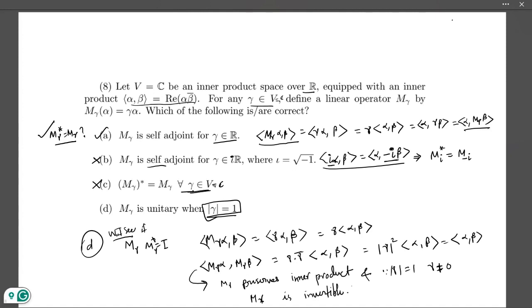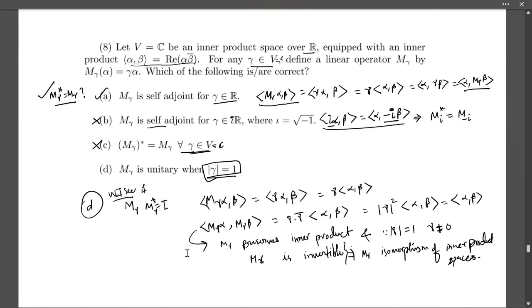Or say this all together implies M gamma is an isomorphism of inner product spaces. Okay? Good.